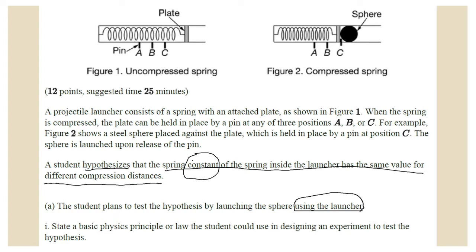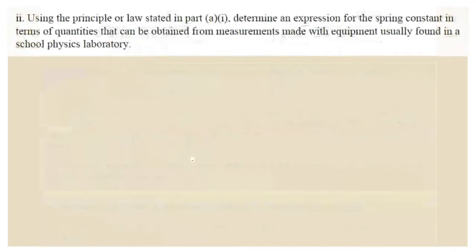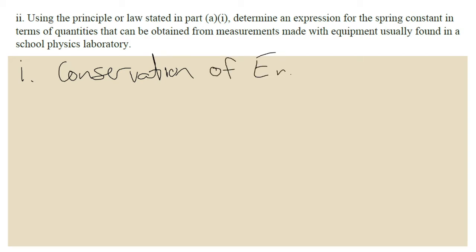So keeping in mind that we have to launch the sphere, there are a couple of options that we have for the basic physics principle or law that could be used in designing the experiment. The way I see it, the most obvious law to use for part 1 is going to be conservation of energy. Here, if we launch this sphere, we can do this in such a way that we could apply conservation of energy to be able to measure the spring constant of the spring.